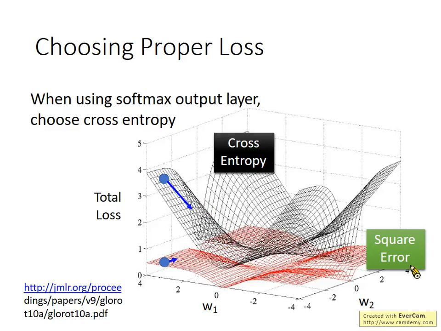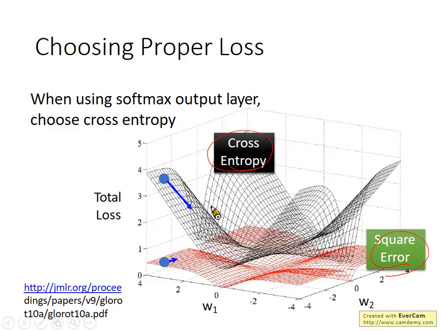If we use the square error loss function, the loss surface may look like this red surface. When we use the cross entropy loss function, the loss surface may look like the black surface.